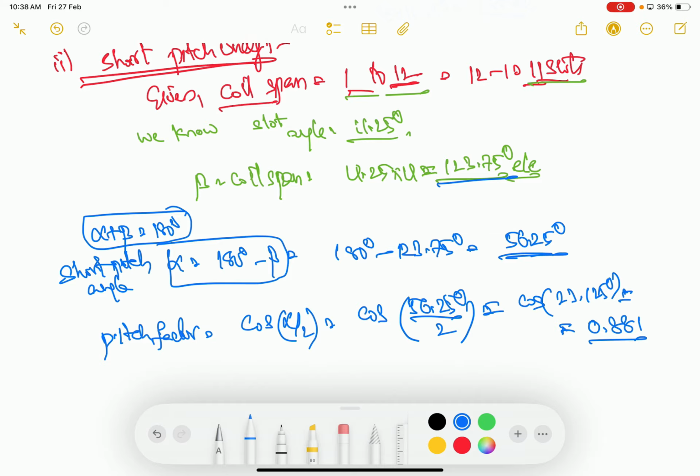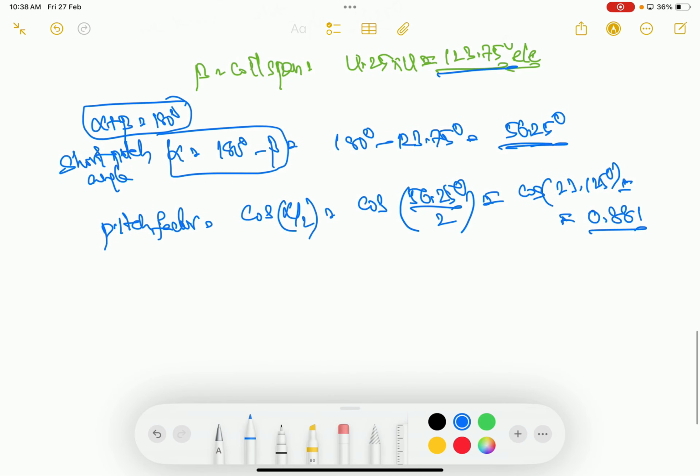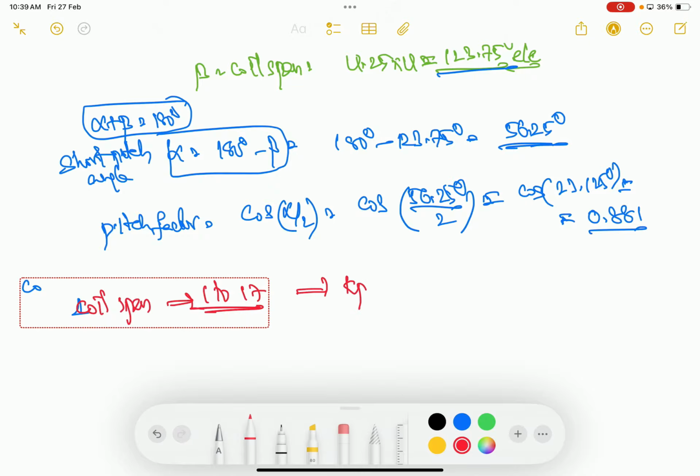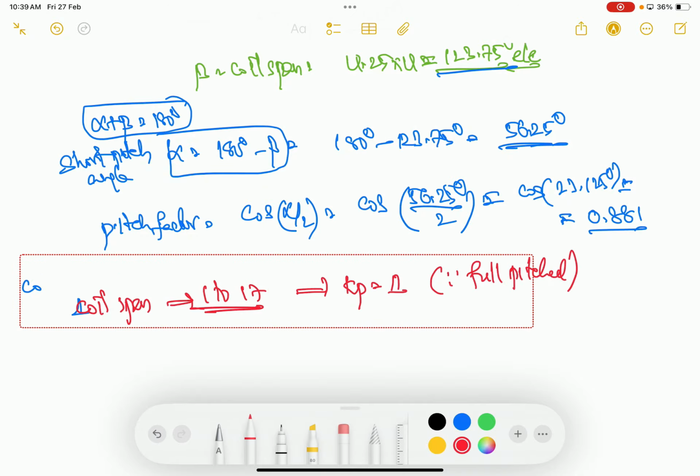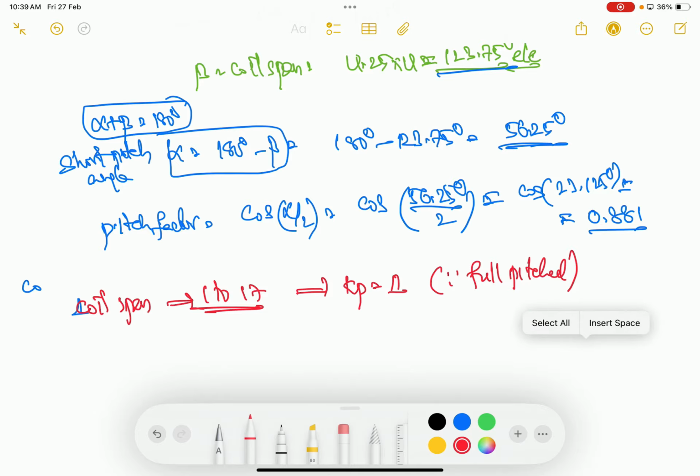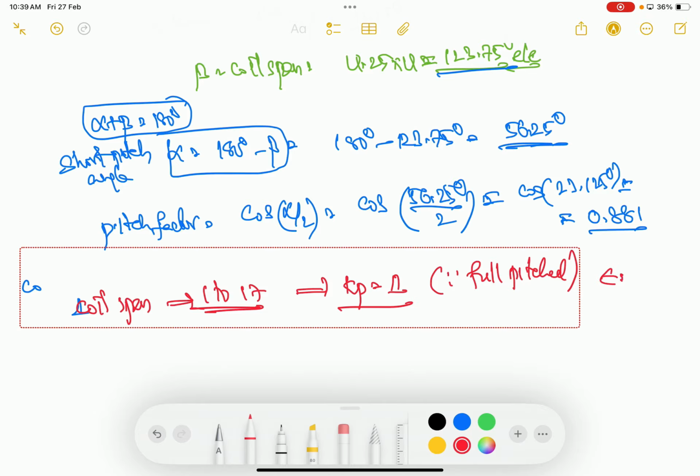What is the conclusion here? With coil span 1 to 17, the Kp value will be 1, because it is full pitched, and once Kp is 1, the EMF will also be 1.